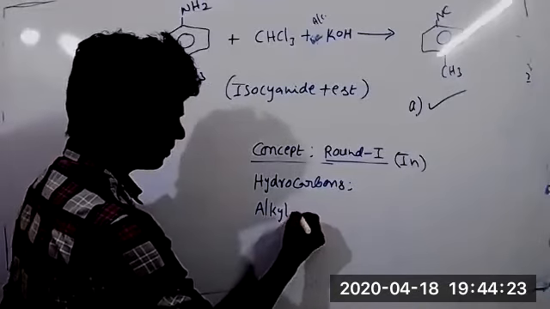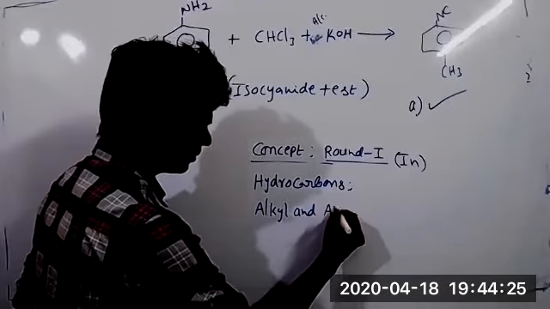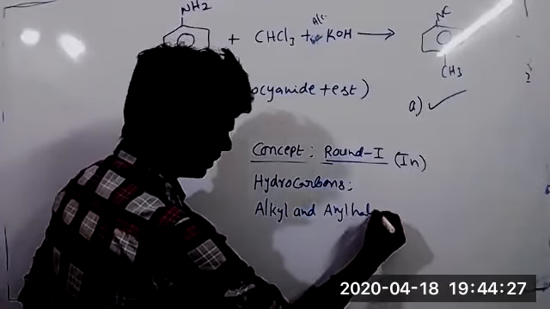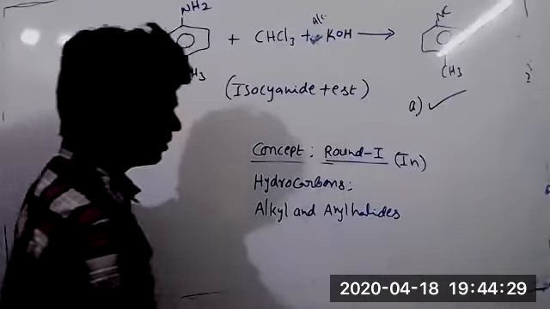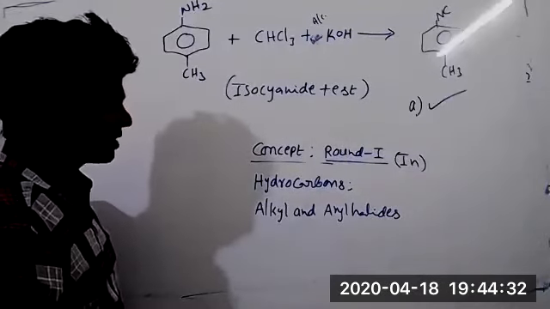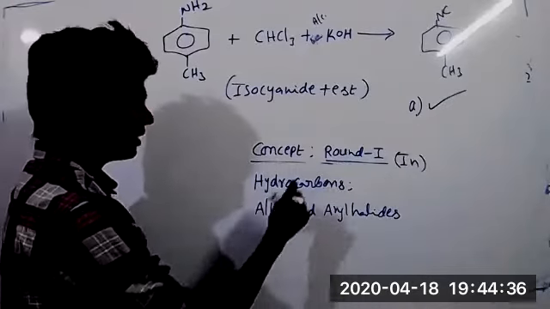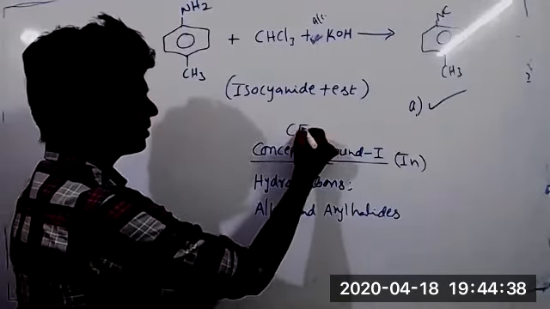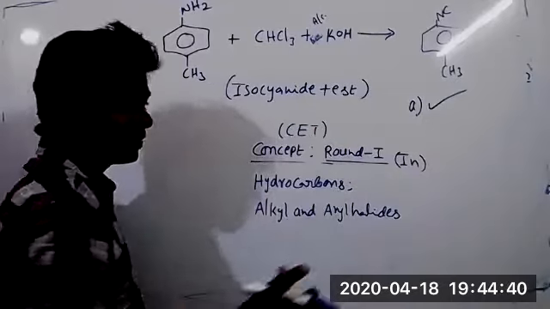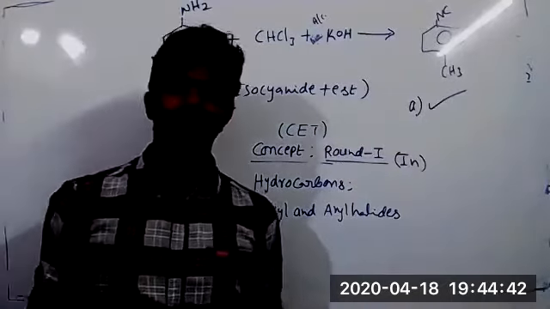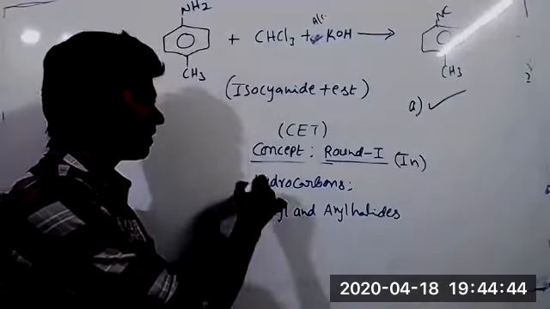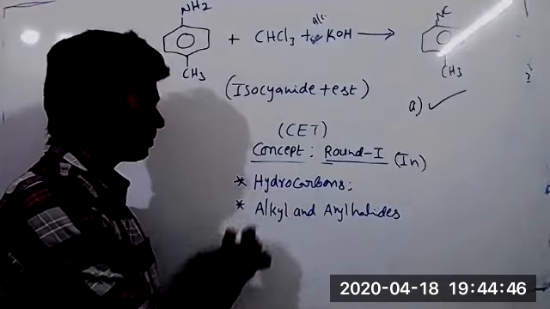Sir, when is the exam, sir? Tomorrow. Sir will tell you the timing. Morning session 1 exam, evening session 1 exam. These 2 chapters from concept and round 1 CET level questions. And one more thing, a few IUPAC names will also be there. I think those all come from the hydrocarbon chapter only.